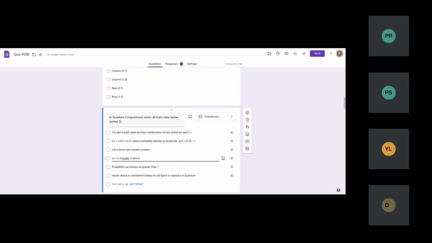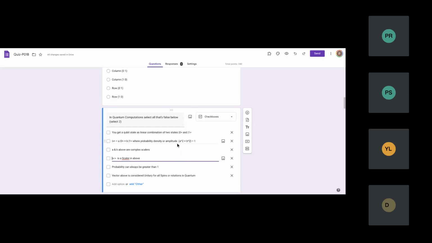So what happens is the A and B are scalars, they are complex coefficients. The condition is the absolute value of A squared plus the absolute value of B squared equals 1. Even though A and B may be imaginary, for example 1 plus i or 1 minus i, they have a real part and an imaginary part.